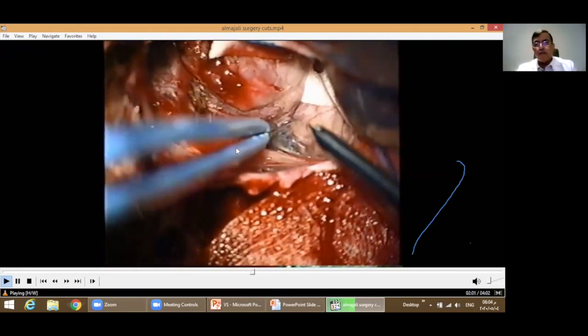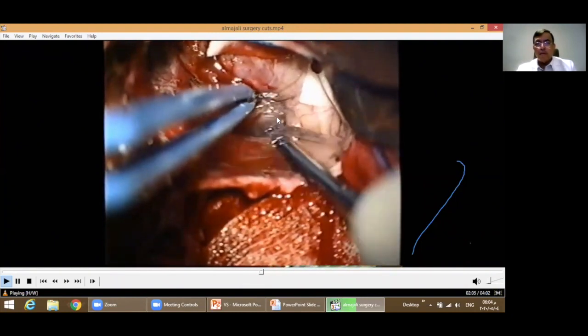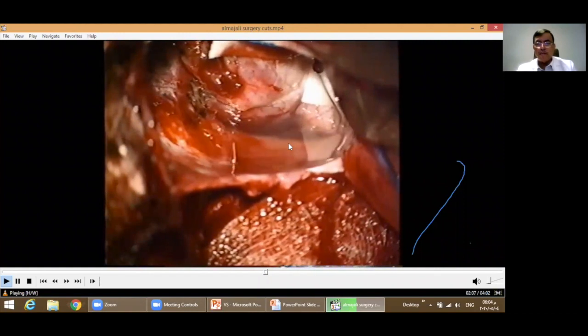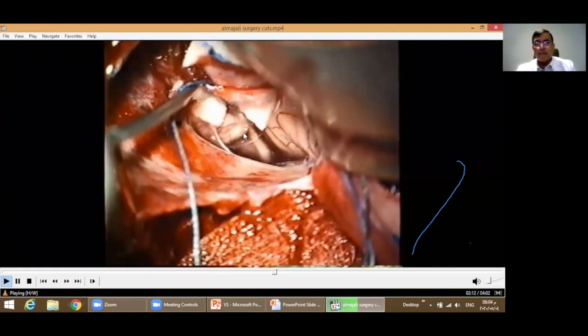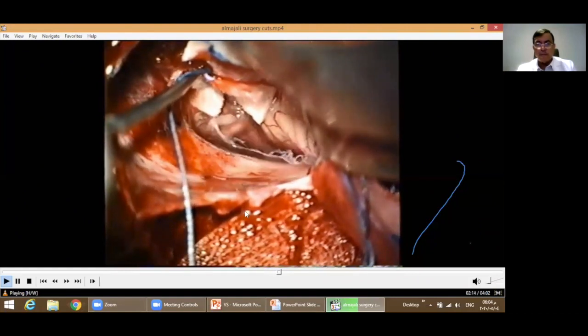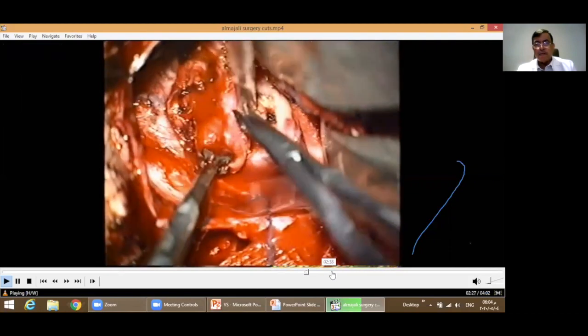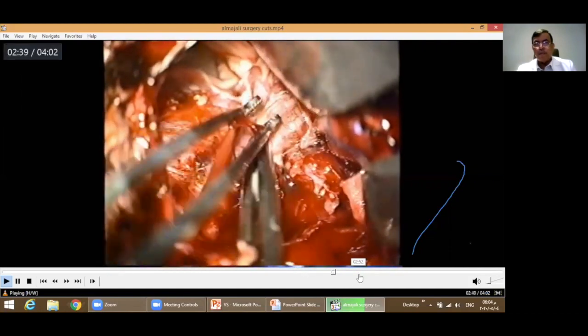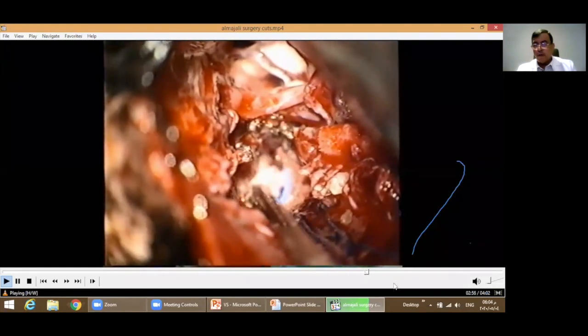You can see arachnoid. Here we are opening the cistern between the medulla and the cerebellum, the lateral cistern, to drain CSF out to make the brain lax. You can start seeing the lower cranial nerves and preserve them, and then excise the tumor out with preservation of the facial nerve completely.